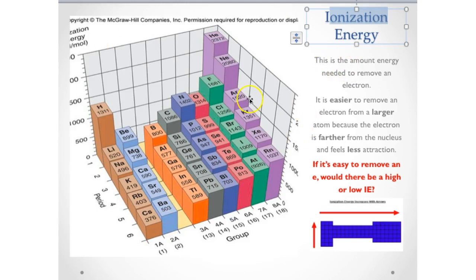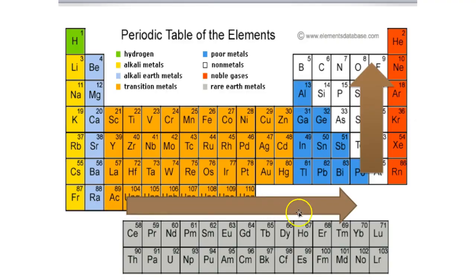But we also see a trend here on the periodic table, and I asked you to memorize this, whereas you move to the right and up, the ionization energy tends to increase. So this is the trend. As you move to the right and up, there's more ionization energy.